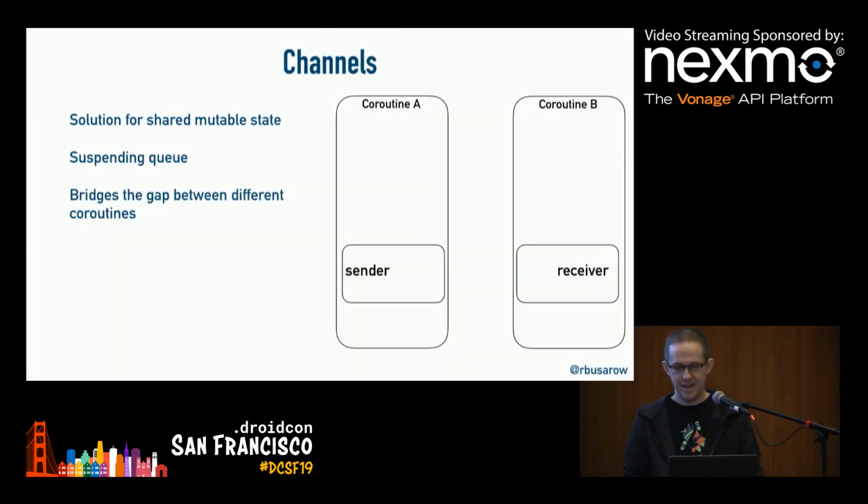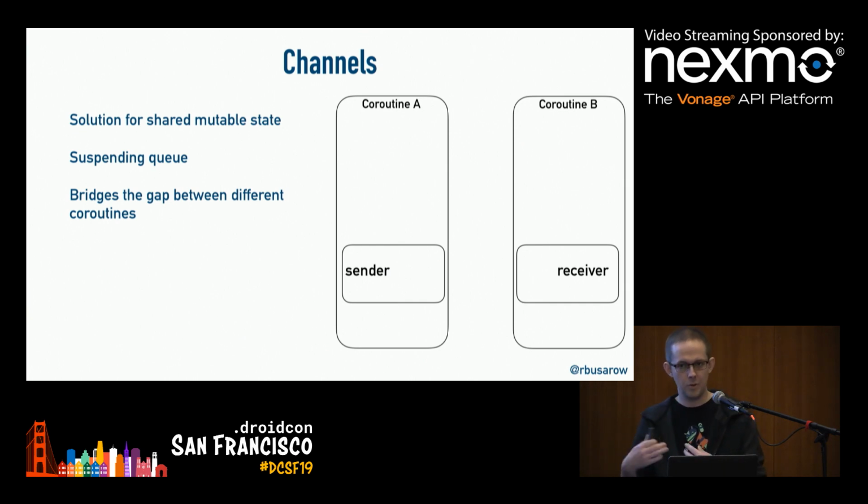So channels are a really good solution for handling shared mutable state. When you have multiple threads, multiple workers, coroutines, operating on the same mutable data, you can have issues where these non-atomic operations wind up doing simultaneous reads and writes and screwing your data all up.